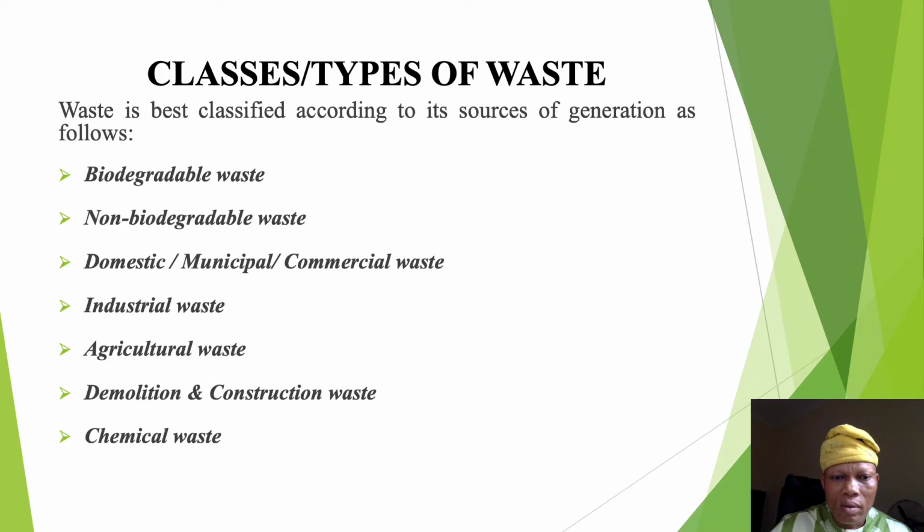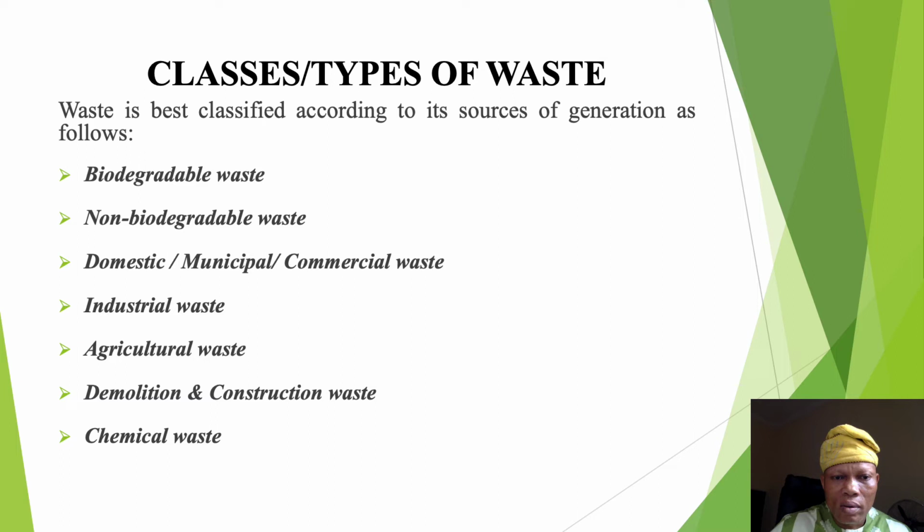What are the classes of waste? Waste is best classified according to its sources of generation as follows. We have biodegradable waste. Biodegradable waste, these are the waste that comes from our kitchen and includes food remains, garden waste, etc. Biodegradable waste is also known as moist waste.